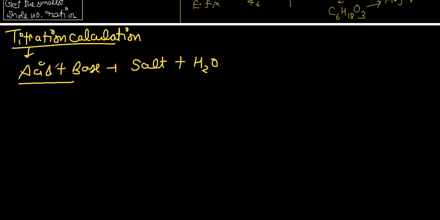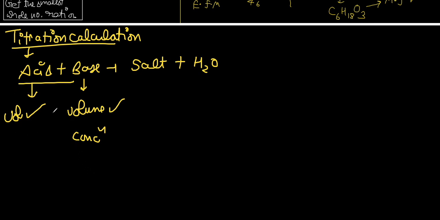Now, why is it used in stoichiometry? What kind of questions will they ask you? In stoichiometry, I'll directly tell you the kind of questions they will ask you. For the acid, volume will be given and volume will be given for the base as well. Then concentration will be given for either of them, either the base's concentration or the acid's concentration.